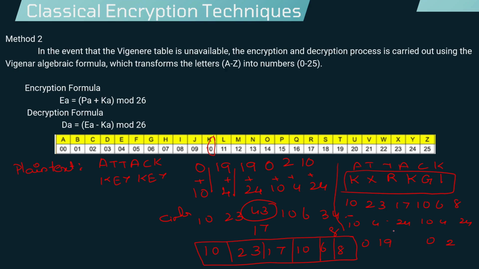And here 17 minus 24, so you will be getting minus 7 and 6. 16 minus 16, so you need to take a mod value for this. So the value is 10.